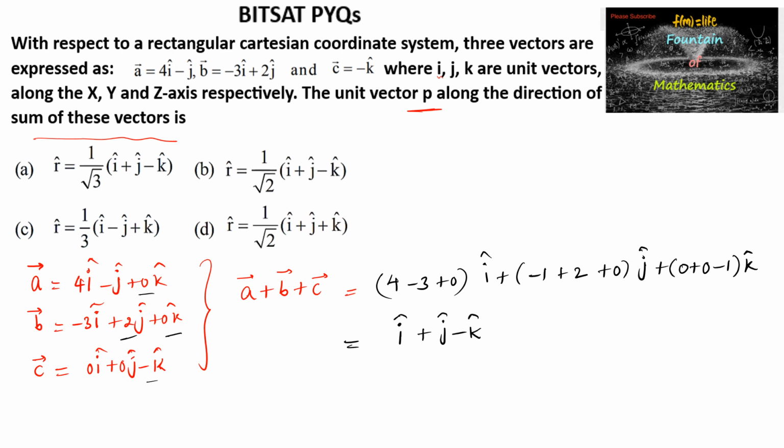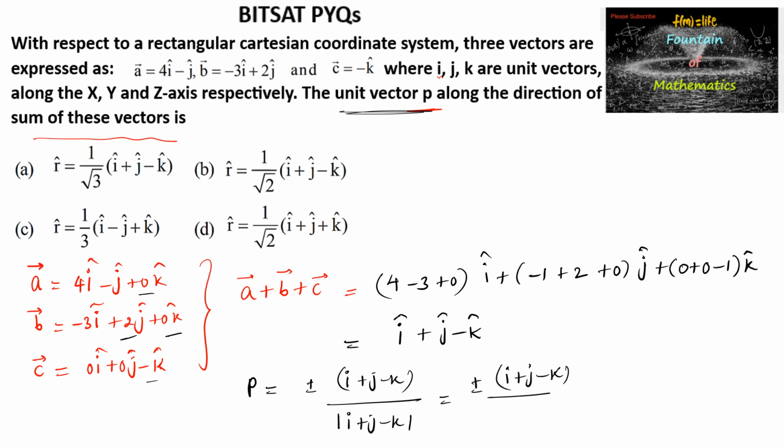So we got the vector i plus j minus k, and since we require the unit vector, p is equal to, so we may consider plus or minus (i plus j minus k) divided by the mod of this vector, that is plus or minus (i plus j minus k) upon under root of 1 square plus 1 square plus minus 1 whole square, that is plus or minus (i plus j minus k) upon under root of 3.